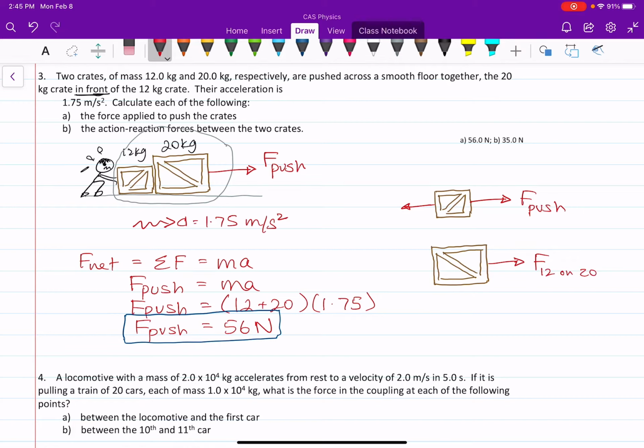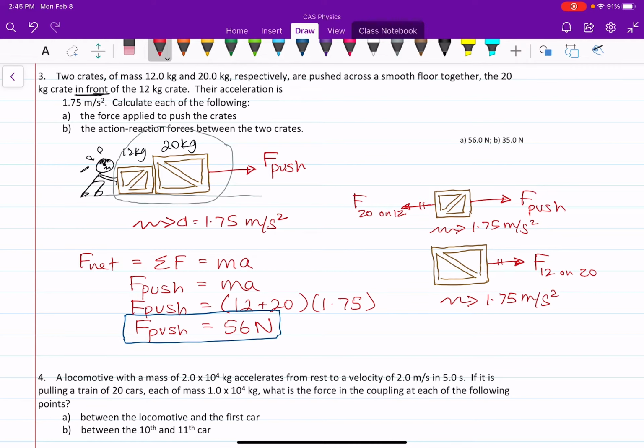So then the reaction force to this will be the force of 20 on 12. And those two forces are action-reaction, Newton's third law forces, which mean they're equal in magnitude, opposite in direction. And we know also that each of these crates is accelerating at a rate of 1.75 meters per second squared, because that's what's given to us in the question.